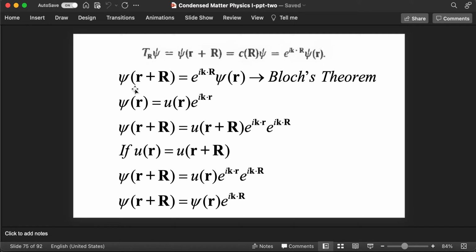So this kind of eigenfunction is suitable for an electron in a periodic potential. It's an amazing result, because it tells you that given the lattice periodicity, without even knowing what the form of the periodic potential is, you are able to derive the form of the wave function as a product of the standard plane wave and some function which also has the periodicity of the lattice. That's called the Bloch's theorem, and that's a Bloch wave function.